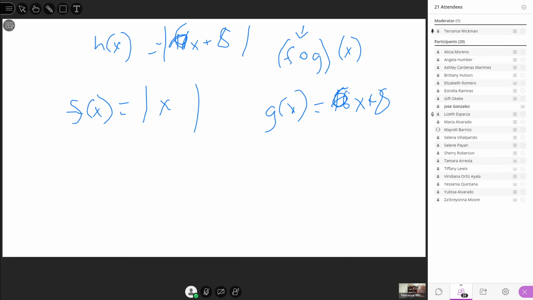Okay, so the key is this little thing here where the star is. It says the f function goes first. That means you do this, and then g is plugged into the f. That's your 6x plus 8. That's how it's done. You're going to say, well, what did we do? Well, you've created 2 equations and put them together in accordance with the guidance.